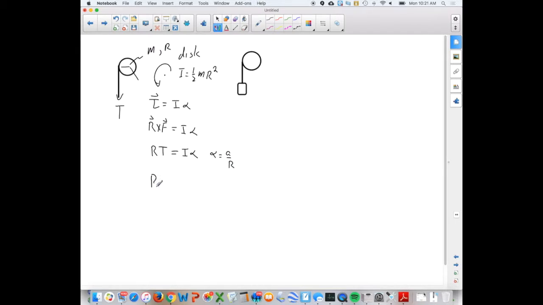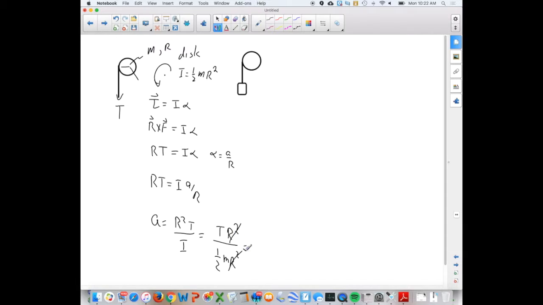So I can write RT is I, A over R, and we find the acceleration of a point on the string is equal to R squared T over I. And if you remember that I for a disk was 1/2 mr squared, we end up with T R squared over 1/2 mr squared.